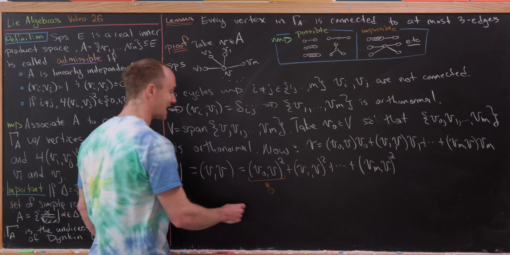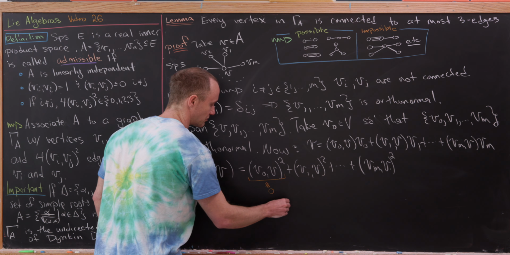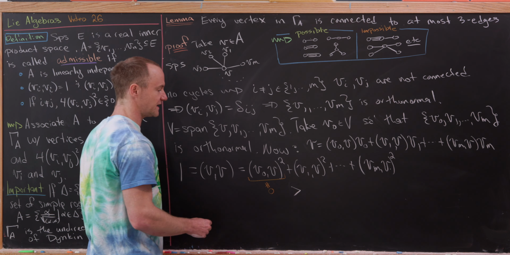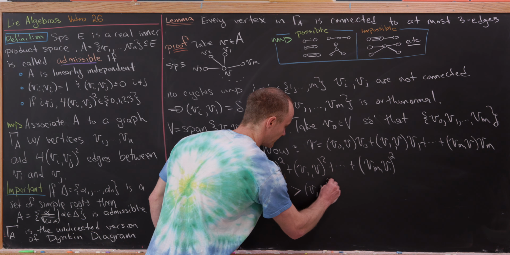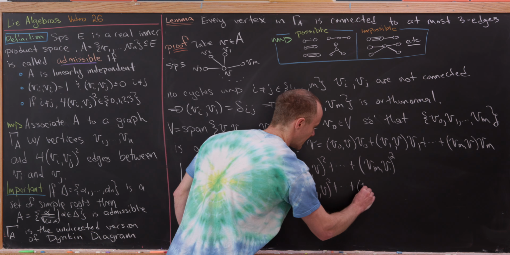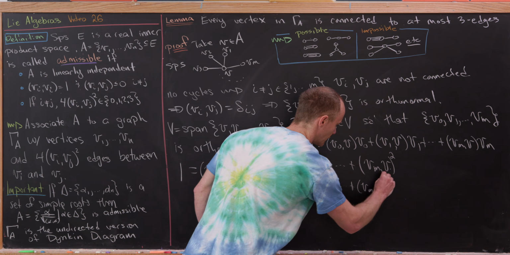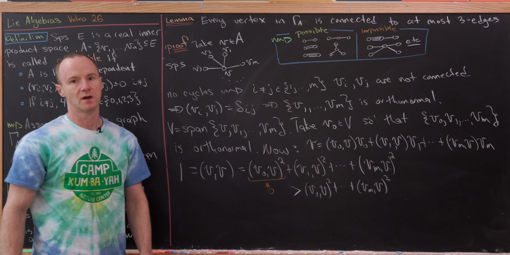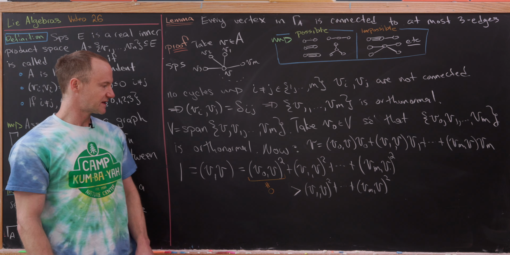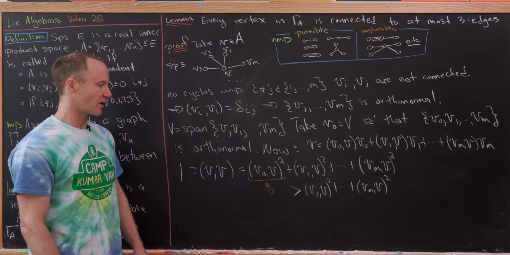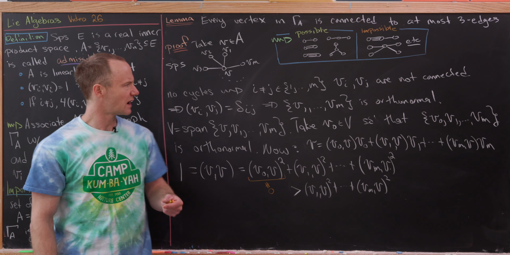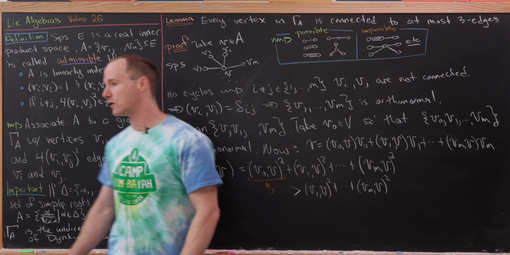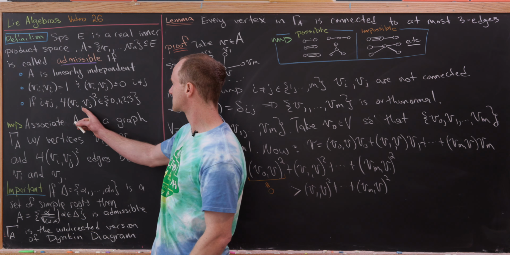But that means if we kick it out, we end up with something smaller. So that means all of this is bigger than the inner product of V1 with V squared added all the way up to the inner product of Vm with V squared. Okay, but now let's observe that we know what the inner product of Vi with V squared is. Well, I guess we don't know what it is, but we know the possible values it takes.